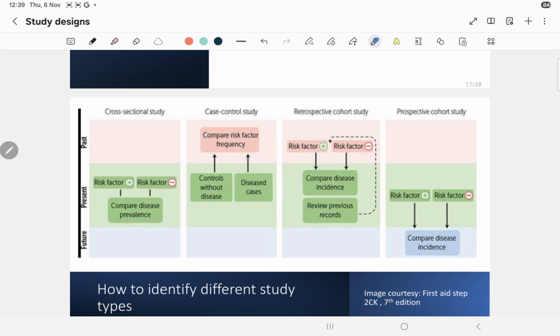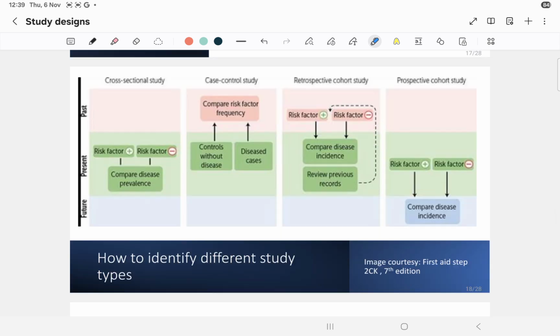In a prospective cohort study also, we are comparing exposed individuals with non-exposed individuals, but we are going forward into the future. In a retrospective cohort study, we are going back to check hospital records or any other records. These are the basic designs of observational studies.